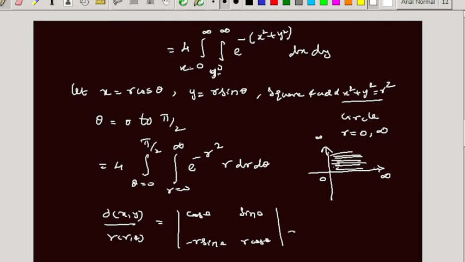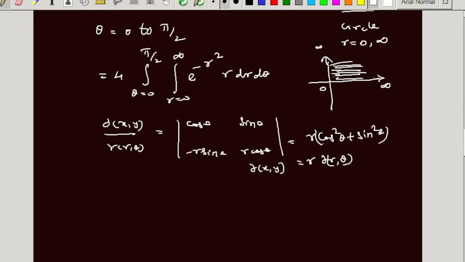So if we find the Jacobian, we can write this as r times cos square theta plus sin square theta, which is nothing but r. We cross multiply this: dou x dou y is dou r theta, so we write dx dy equal to r dr d theta.